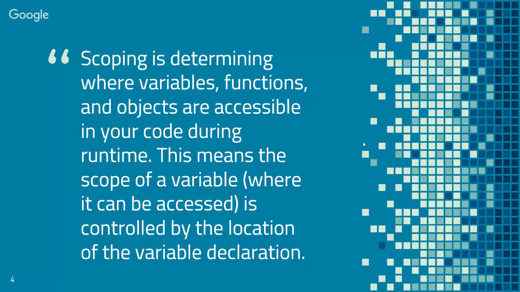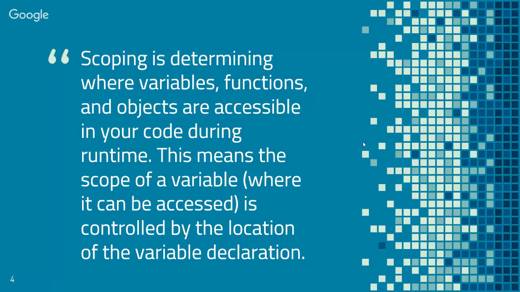This means the scope of a variable, so where it can be accessed, is controlled by the location of the variable declaration. Here, runtime, as you may remember from last week, is the environment in which our JavaScript code is running. As we saw last week, JavaScript code behaves differently in the different runtimes.